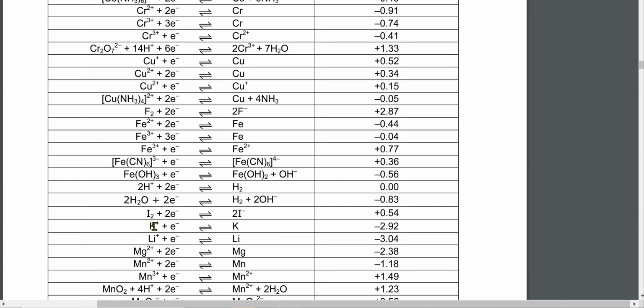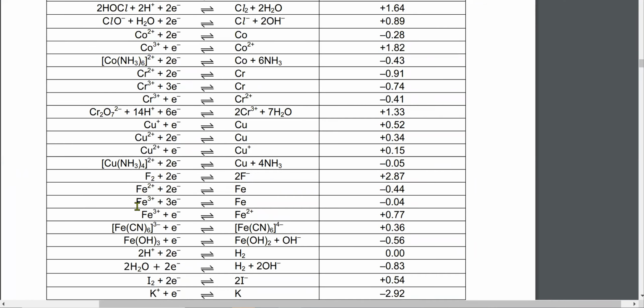And then there was Cr2O7 2−, which is over here. So let's write that down as well. Cr2O7 2− plus 14 H+ plus 6 electrons in equilibrium with 2 Cr3+ plus 7 H2O.